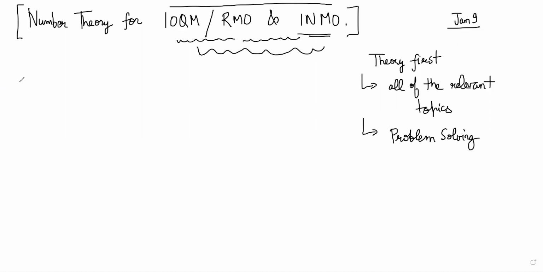So the first thing that we learn about in this video is divisibility. Divisibility is a notion that you are familiar with from lower classes. I will just define this here.